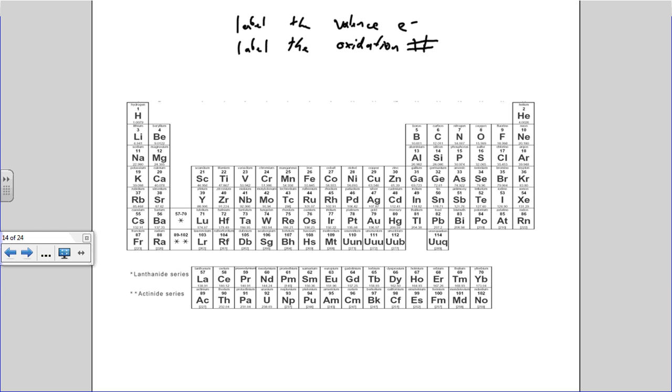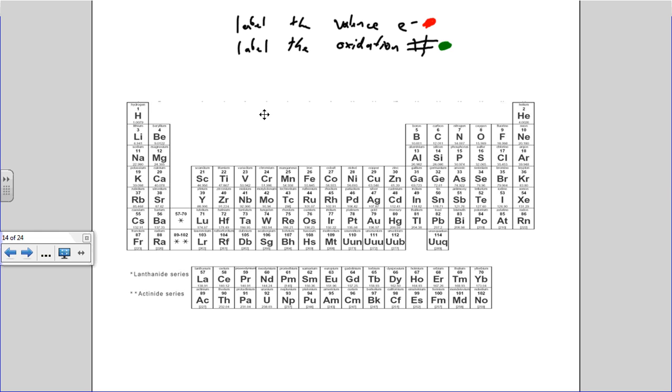Okay, so we also want the oxidation number. So what I'm going to do is I'm going to do the valence electrons on mine in red. I'm going to do the oxidation number in green.